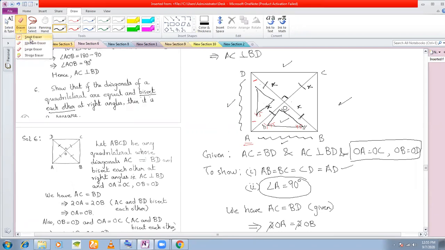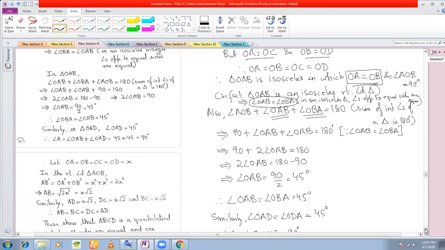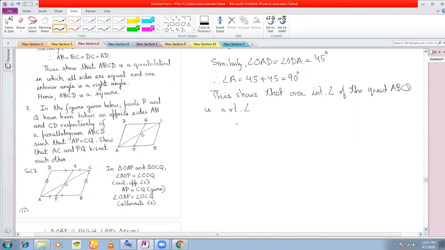So that is what we are going to write. Now let me just erase all the marks first. Let us take all these as x. So I say let OA is equal to OB is equal to OC is equal to OD is equal to x.